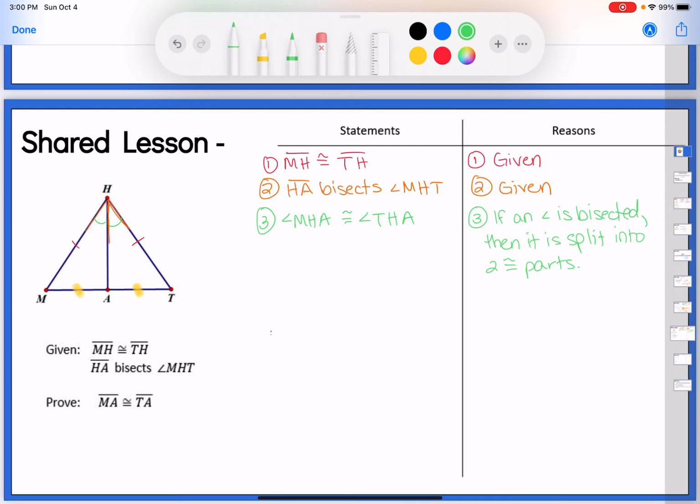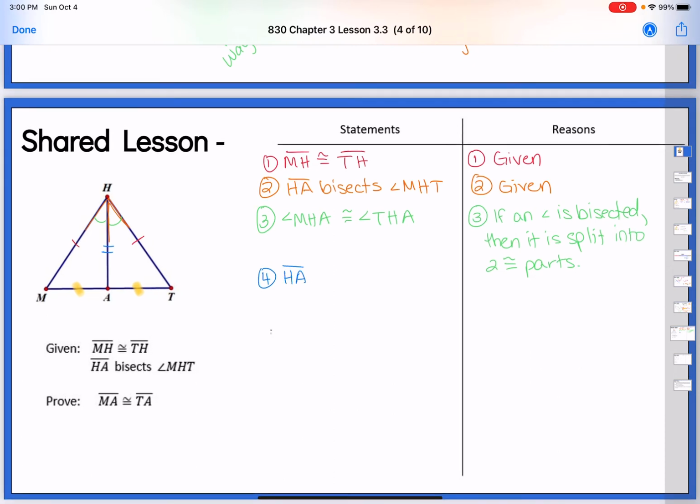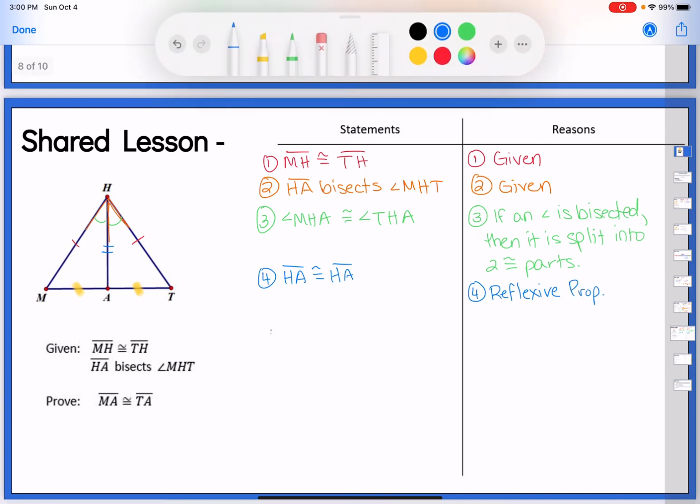All right. Now, I'm trying to get that these two yellow highlighted segments are congruent. I'm not sure how I'm going to do that just yet, but I do know that with the reflexive property, I can say that segment HA is congruent to segment HA, in which case I'll be able to prove my triangles are congruent just like I did in my warm-up, right? So I'm going to add that step in, segment HA congruent to segment HA, and that was the reflexive property. And again, the only time I have to include this reflexive property is when I'm going to prove some triangles are congruent.